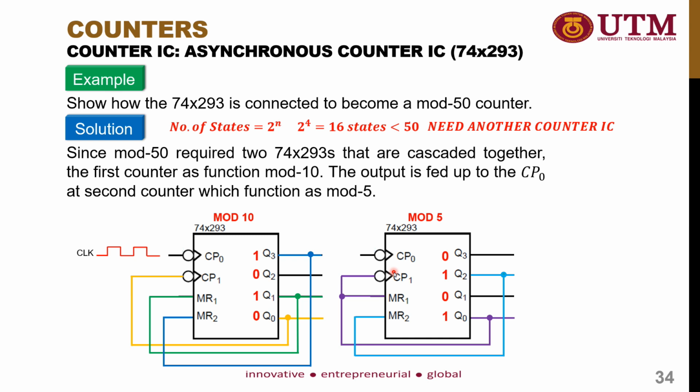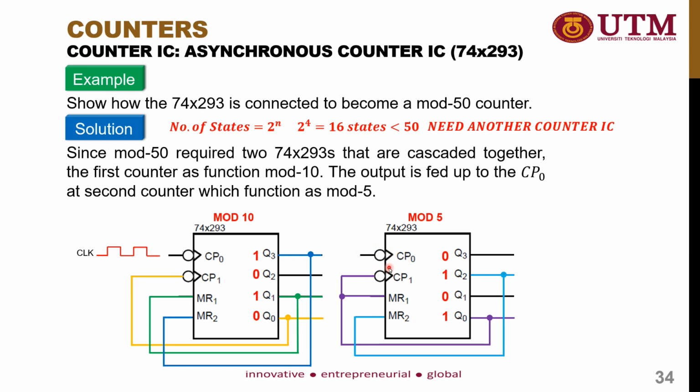In the solution, it is mentioned that the two 74X293 ICs are cascaded together. So what is the input of CP0?